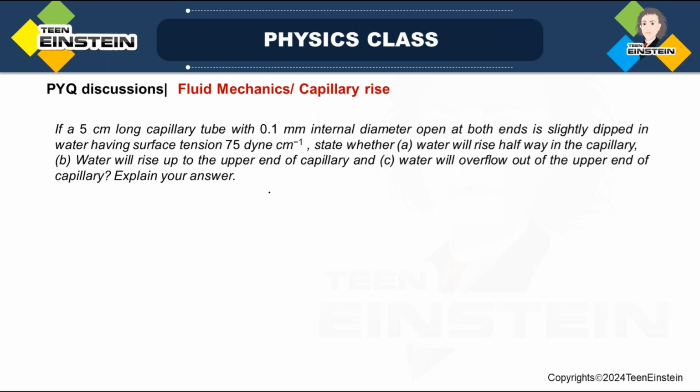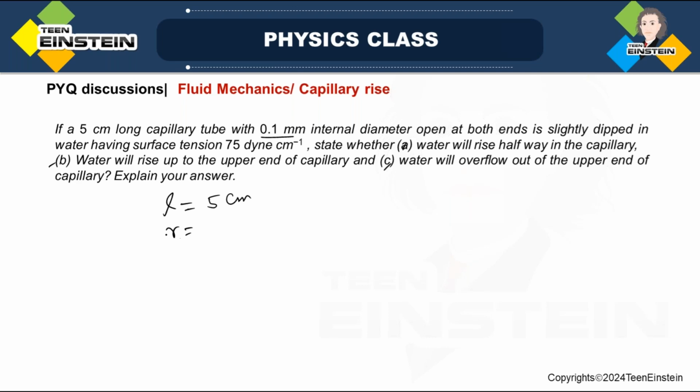Actually this is a combination of some 1, 2, 3 questions. Let us first read. If a 5 centimeter long capillary tube, that means L is 5 centimeter, with 0.1 millimeter internal diameter.